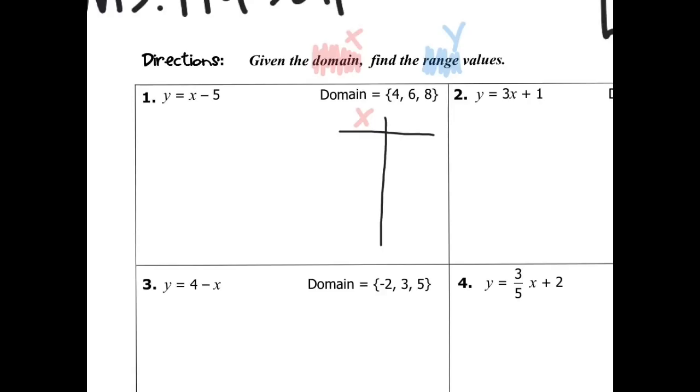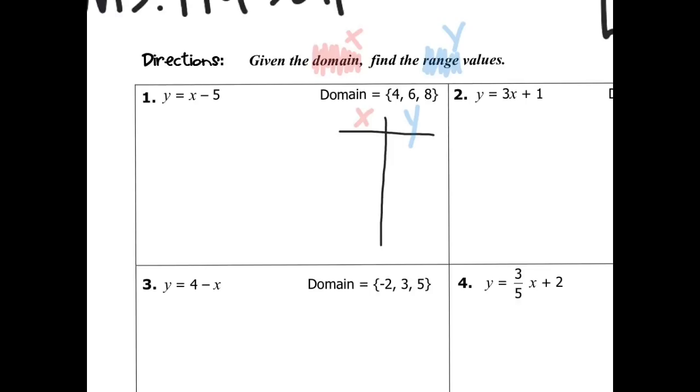Remember from our web the other day, part of what we said is that every single piece of a relation, including the equation right here, has to do with finding points on a coordinate plane or dots that we could make on a coordinate plane.